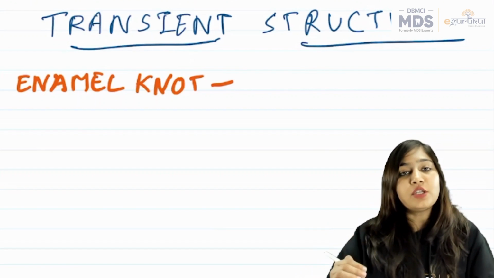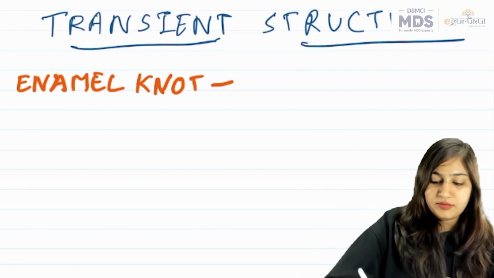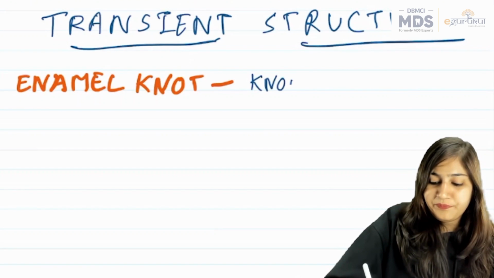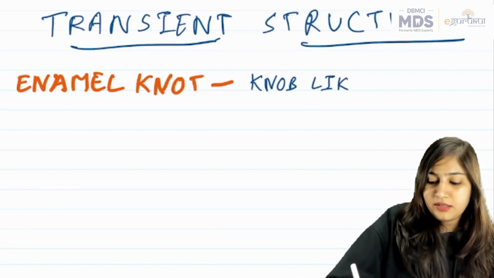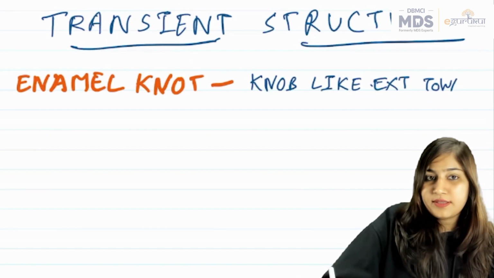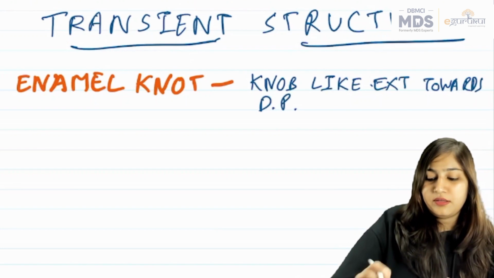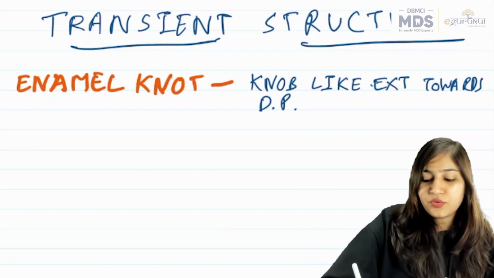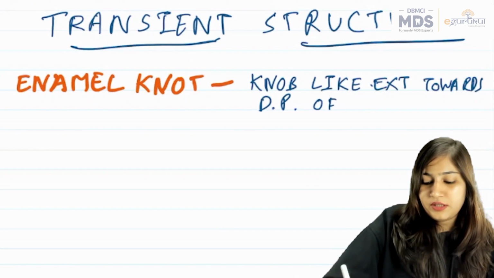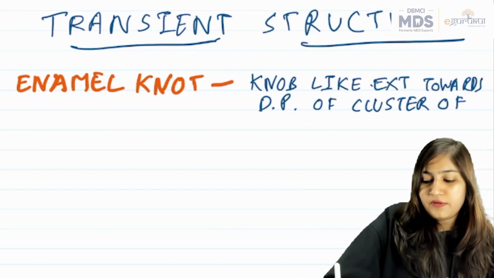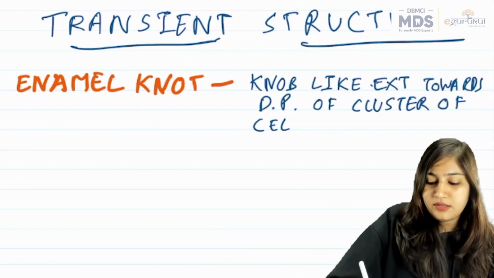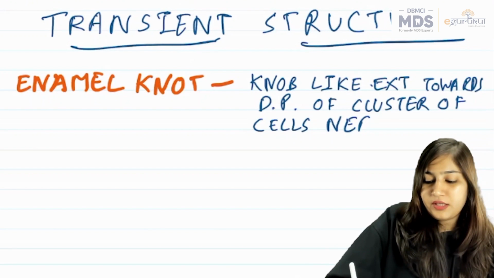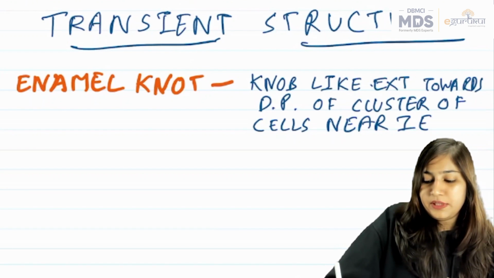They extend towards the dental papilla. Knob-like extension towards dental papilla, a cluster of cells near inner enamel epithelium.